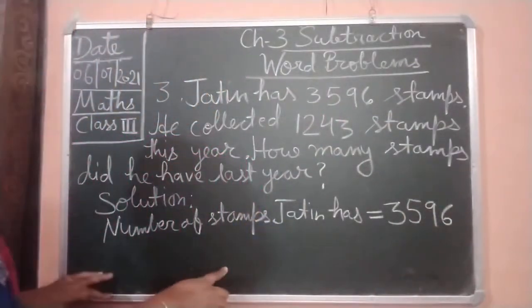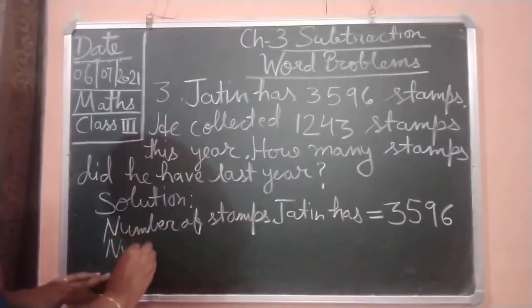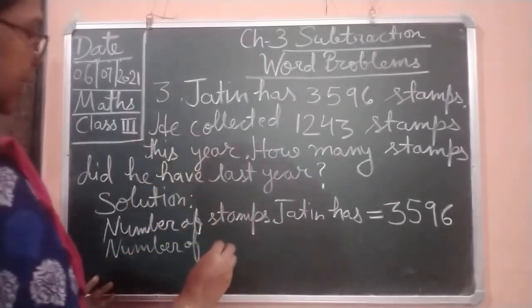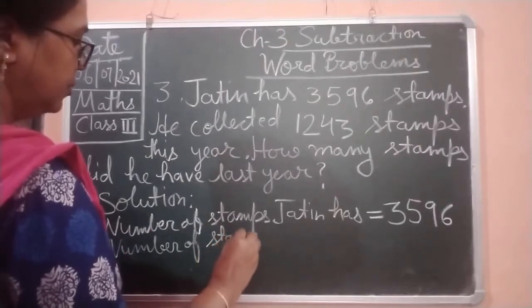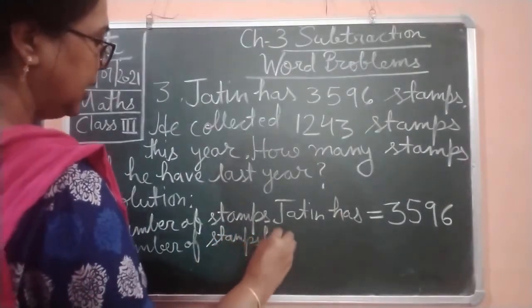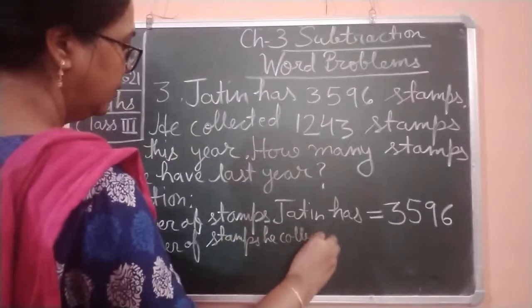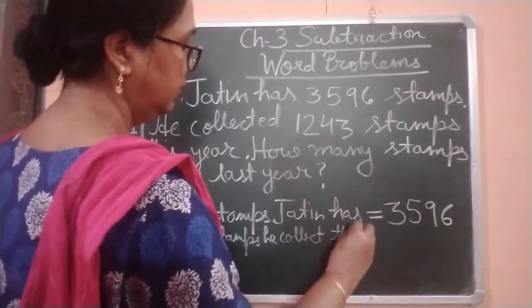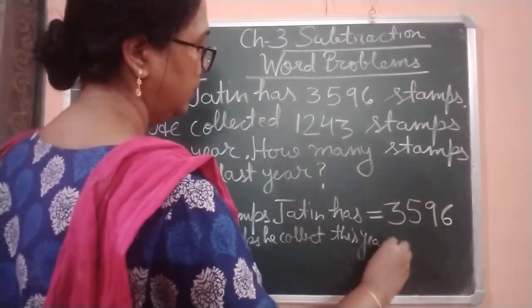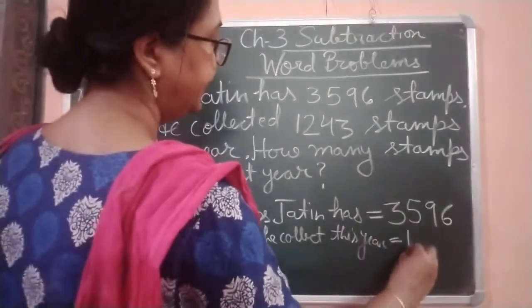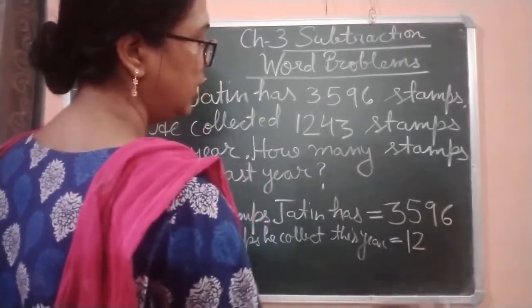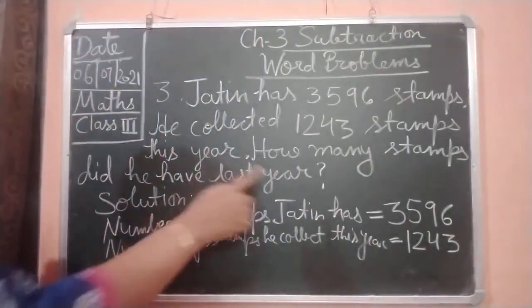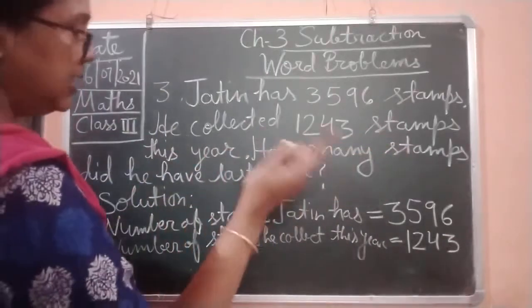Now number of stamps he collected this year equal to 1243. Okay.